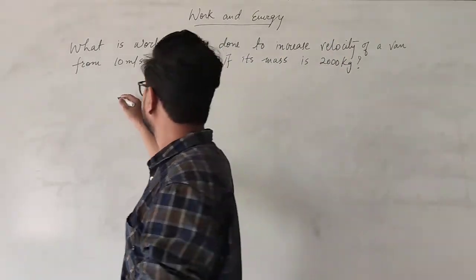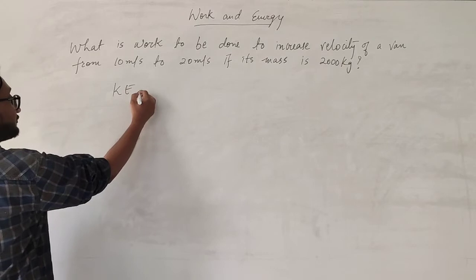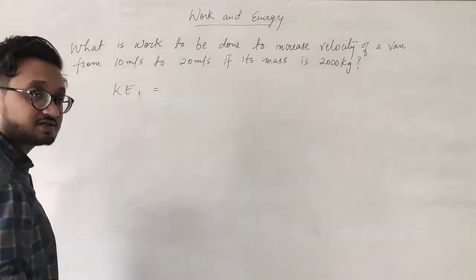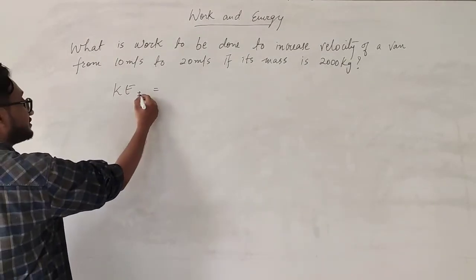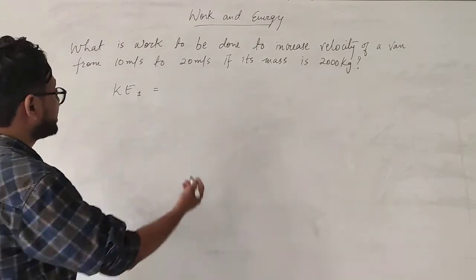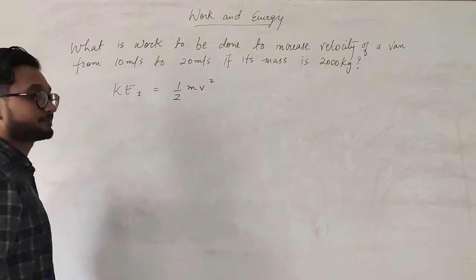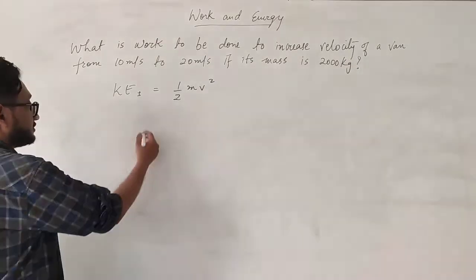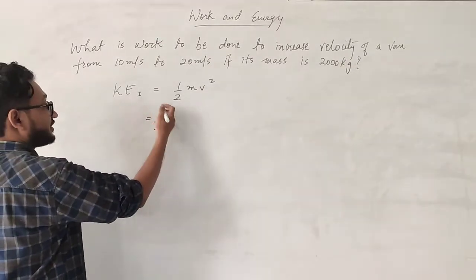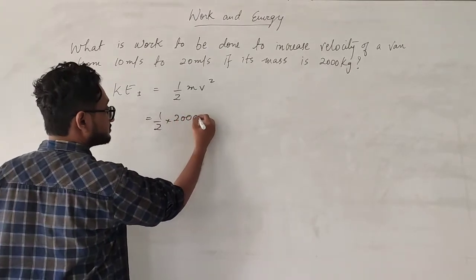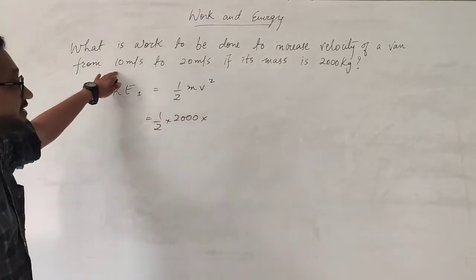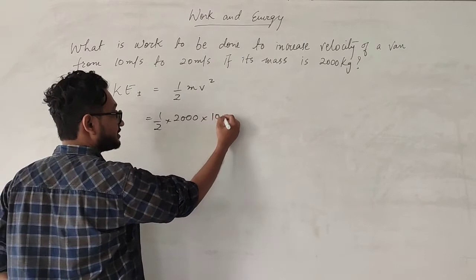So first we find kinetic energy 1, that is the initial kinetic energy, or I can write KE initial. Same formula, half mv square. Half, mass of the van is 2000 and velocity is 10, so 10 square, 10 into 10.